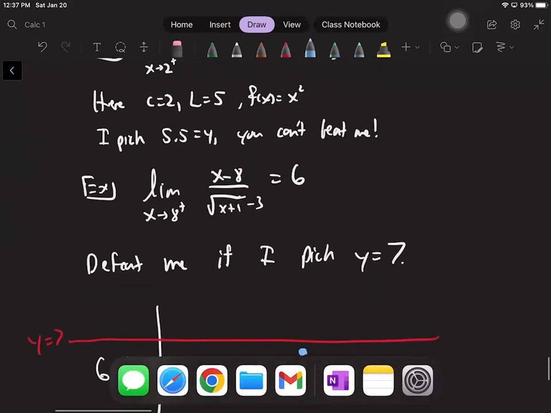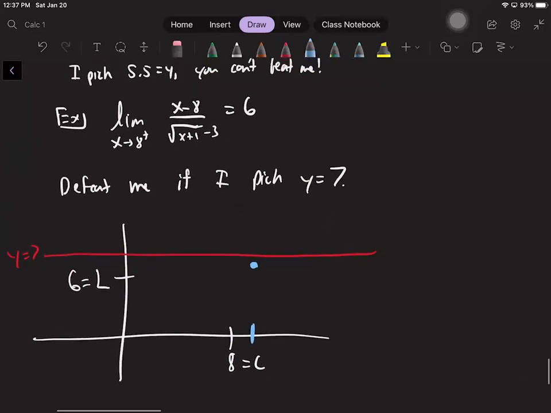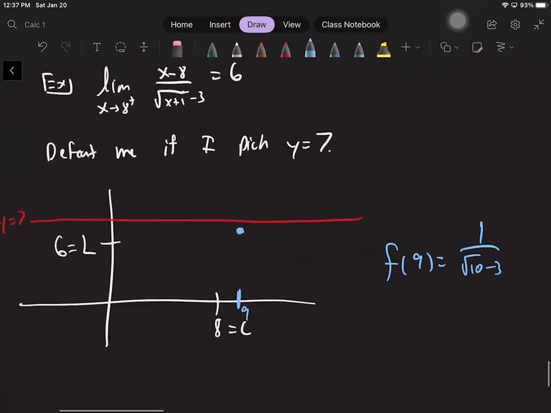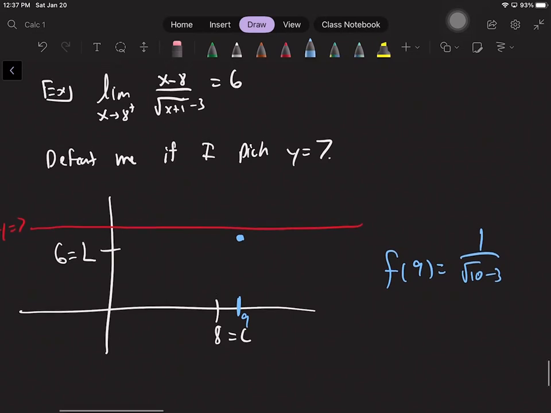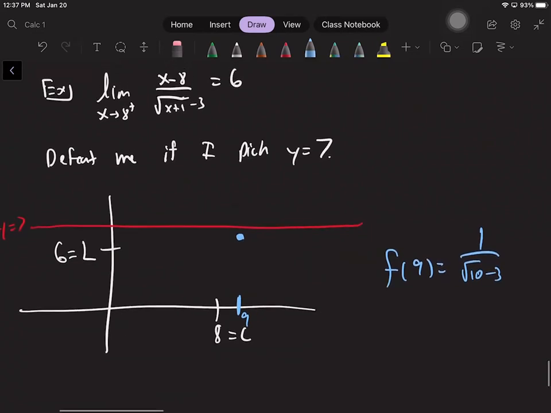So you just try out different things. So you could try something close to 8 is 9 and see if that works. If I plug in 9 to this function here, I get 1 over square root of 10 minus 3, which again, you need a calculator to figure that out. It might be closer to 6. It might not be, but just try it out.